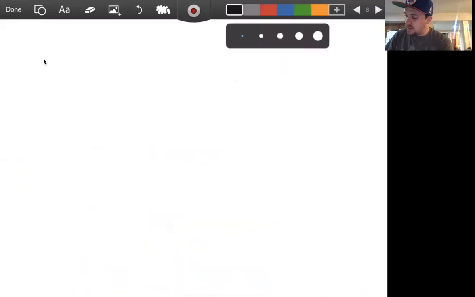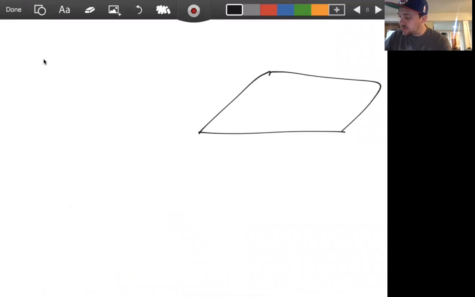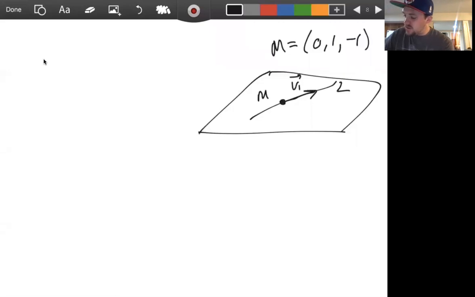So let's quickly record what we have. We have a line L. We know that M is the point (0, 1, -1), which is also the initial point for this vector V1, which we learned is (1, 2, 1).